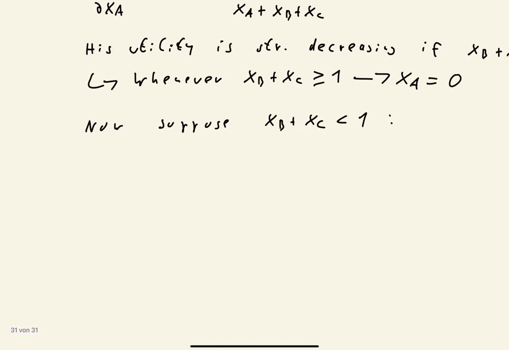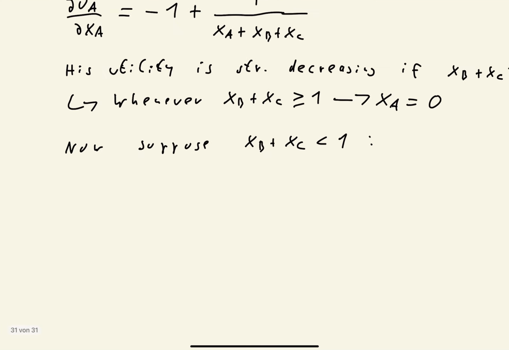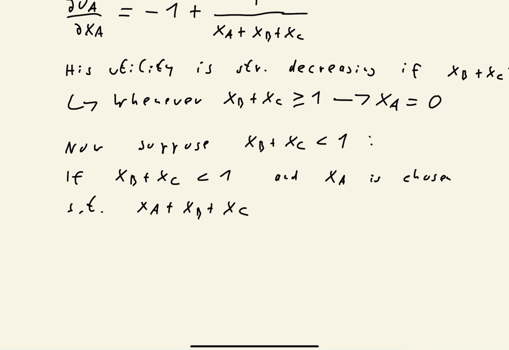Okay, so the solution here is that the problem is that if xb plus xc is smaller than 1 and xa is chosen such that xa plus xb plus xc is smaller than 1, the log of xa plus xb plus xc is strictly negative.